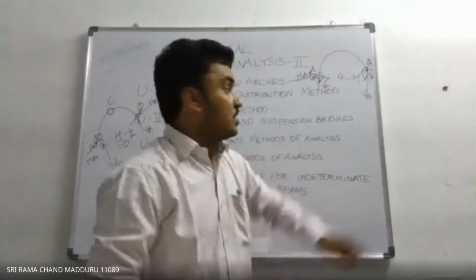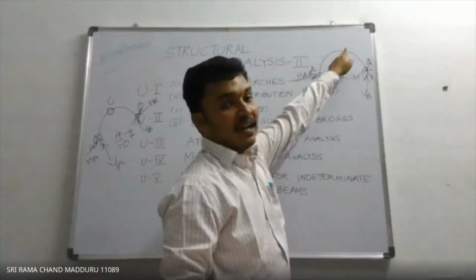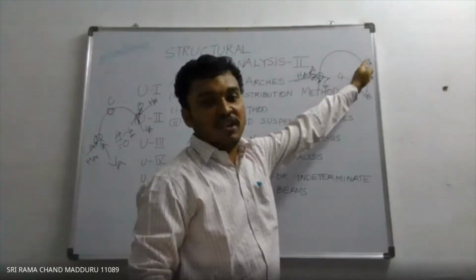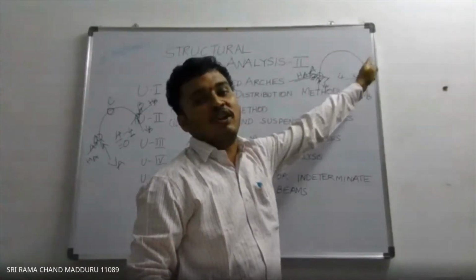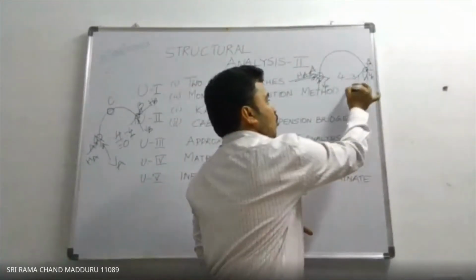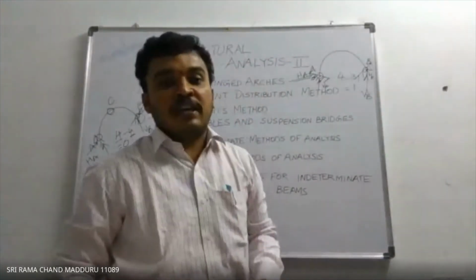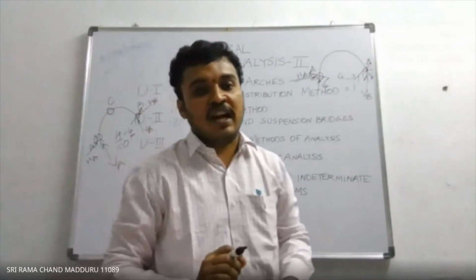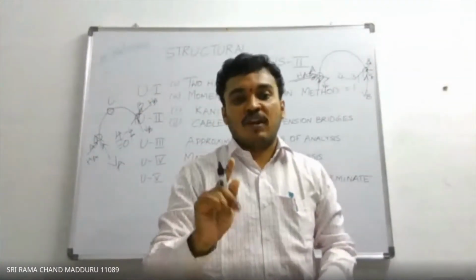That means there is no hinge provided here at the crown point. So the one additional equation from compatibility you will not get. So 4 minus 3 is equal to 1. So the degree of static indeterminacy of a two-hinged arch is 1.